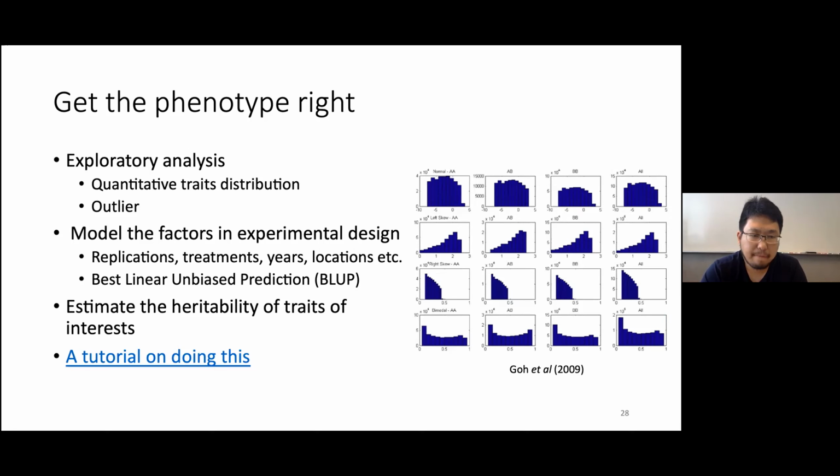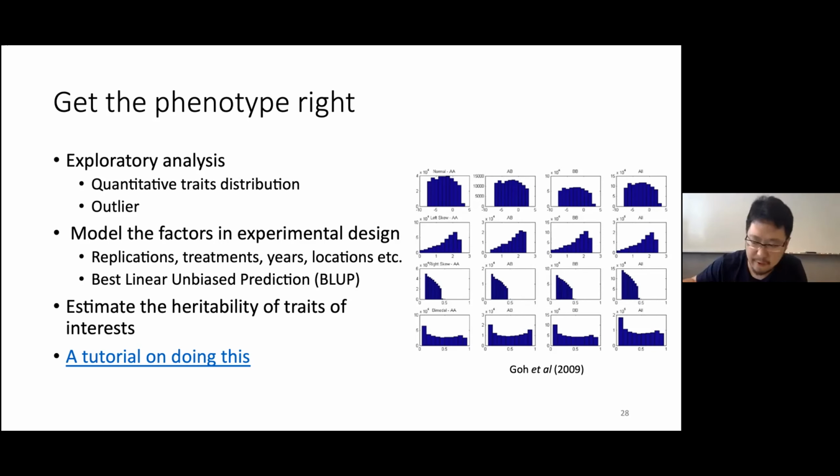And as we just talked about, the factors in the experimental design, like the reps, the treatments, the years, the environments, you want to take these into consideration too. One technique of doing this is called best linear unbiased prediction.